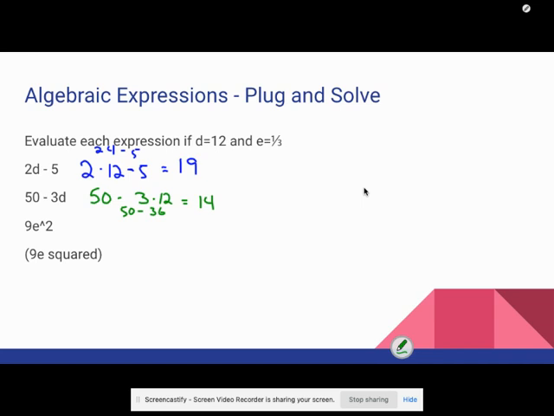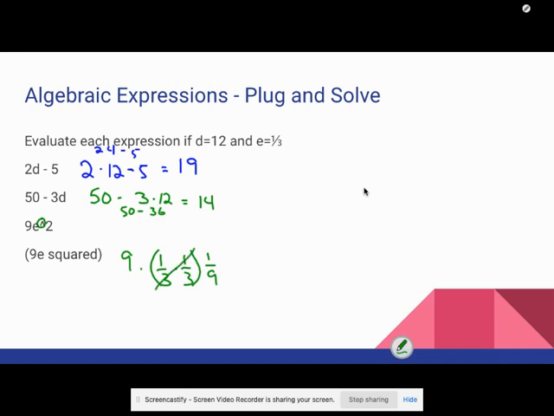On some documents, you cannot write an exponent, so you use this caret symbol to show that the 2 is above e. So it's 9e squared. I would do 9 times 1/3 times 1/3. Well, 1/3 times 1/3 is 1/9.